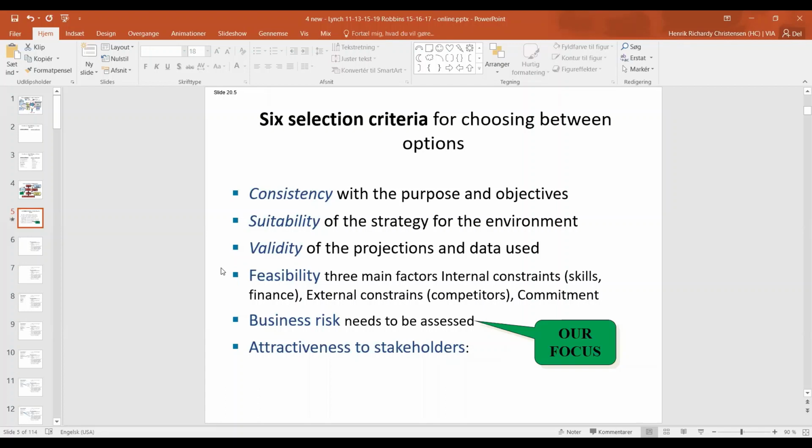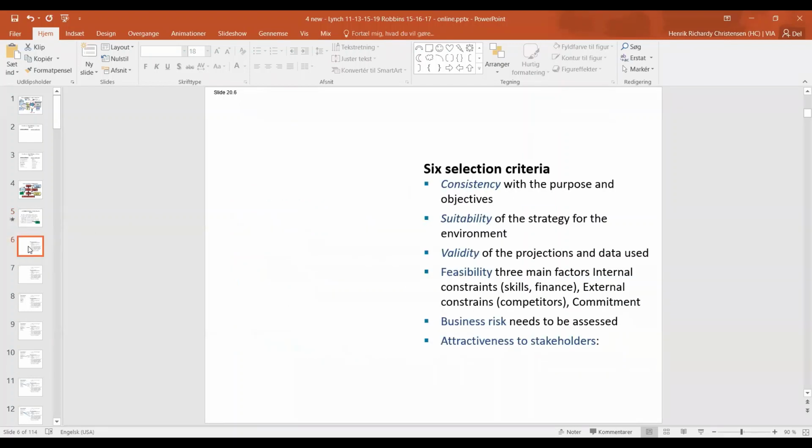Okay, we'll get back to the more specific content here, but let's look at it in this way. I'll put the criteria over here to the right, and note that we have our options, and they need to be checked against the 6 criteria, basically all of the 6 criteria.